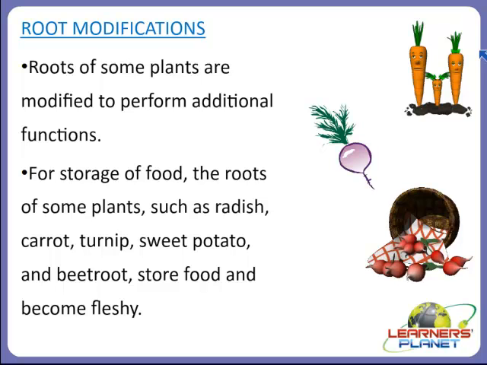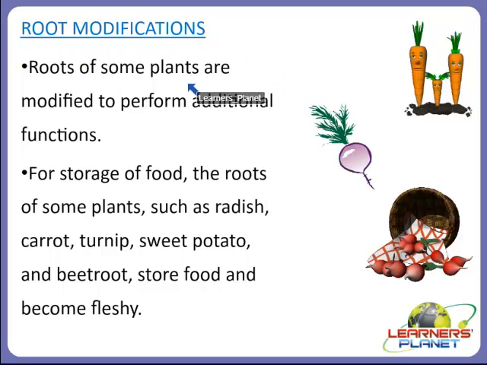So there are some taproot modifications, like conical root, fusiform root, tuberous root, assimilatory roots, epiphytic roots, sucking roots or haustoria, then prop roots, stilt roots, climbing roots, clinging roots or floating roots, and adventitious roots can modify into tuberous roots, fasciculated roots, etc. So these roots can get modified into various forms to perform various functions. So let us study about them.